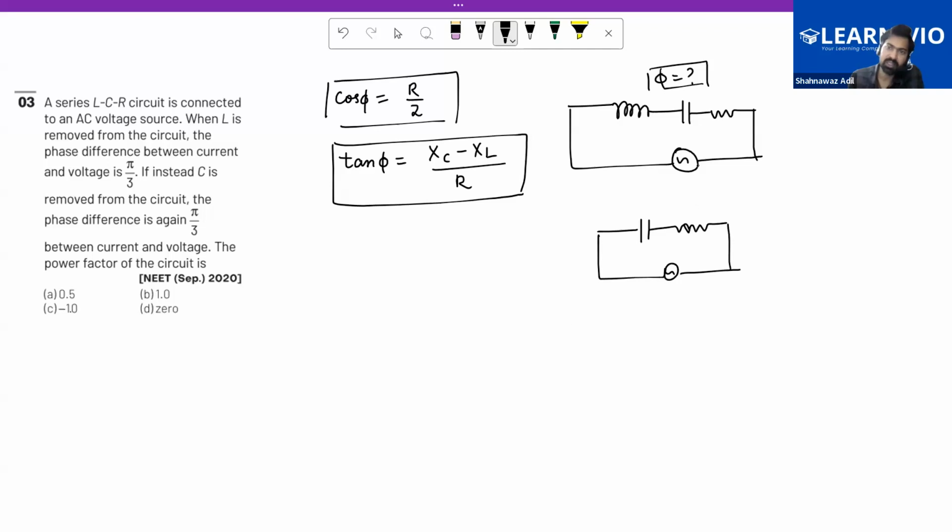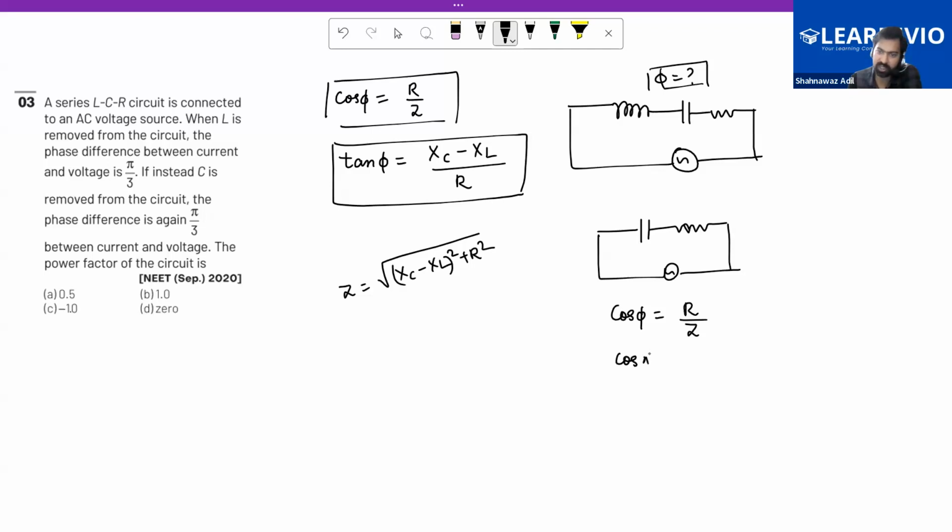right? So then what would be this cos phi? Cos phi is R by Z, and Z is the square root of XC minus XL squared plus R squared, right? So cos of pi by 3 equals R by Z. We have removed the inductor, so Z is the square root of XC squared plus R squared, right?